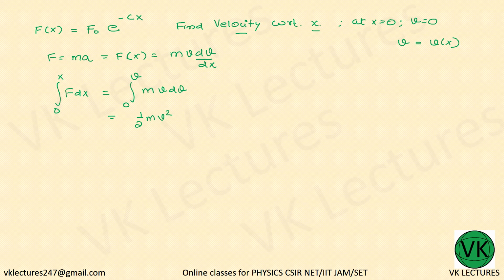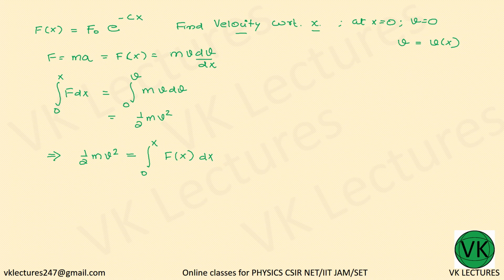So this we can write as half m v squared is equal to integral from 0 to x of F of x dx.